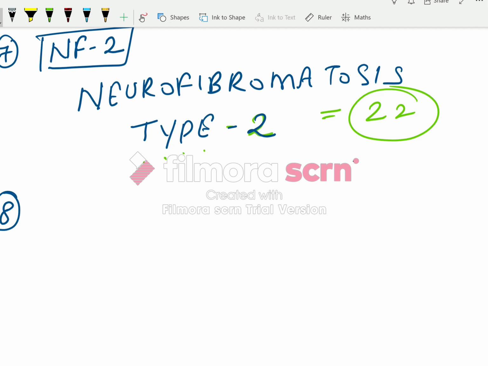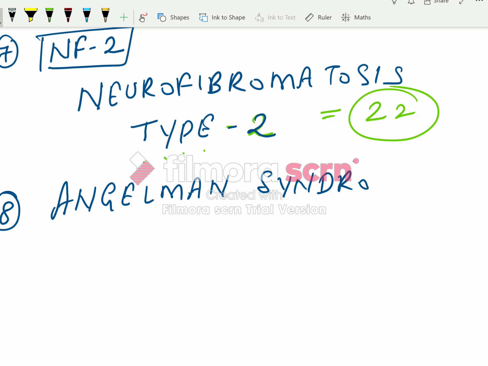Next disease we are discussing is Angelman syndrome. Let's count this, 1, 2, 3, 4, 5, 6, 7, 8, 9, 10, 11, 12, 13, 14, 15.